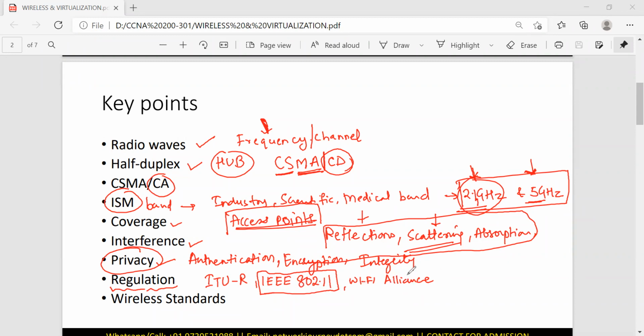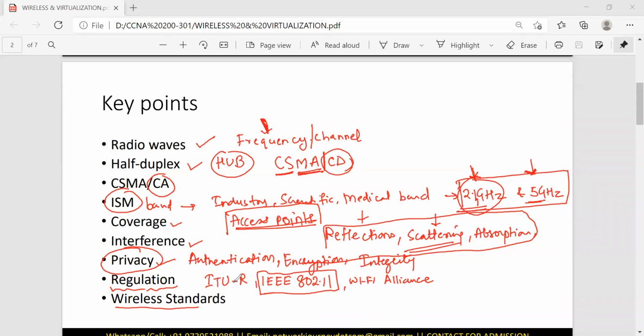It should meet the requirements and criteria set up by these organizations. And for wireless standards, as I just talked about IEEE, we have different standards depending on the data rate you want and the kind of mechanism involved for communication.